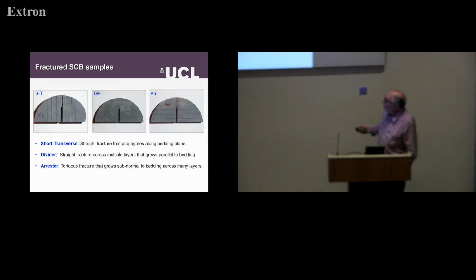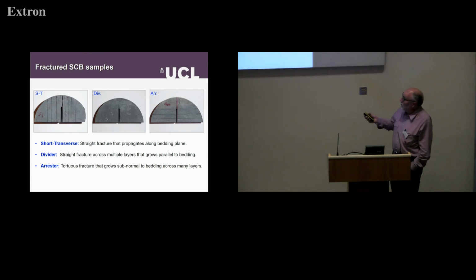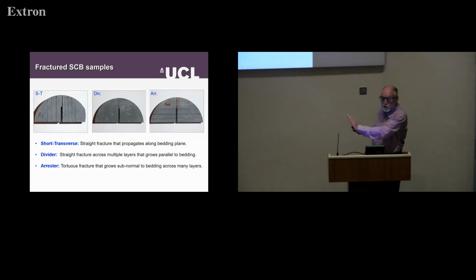plot that. Oh, sorry, before I get to that, I'm just going to show some fractured semicircular bend samples. Here's a short transverse sample. We see that the fracture is very straight because it's propagating along a bedding plane. If we look at samples failed in the divider orientation, so the bedding planes are in the plane of the screen here, this is actually a bedding plane that we're looking at.